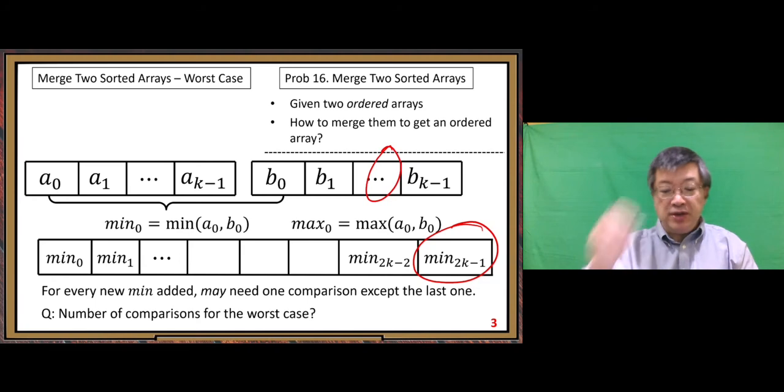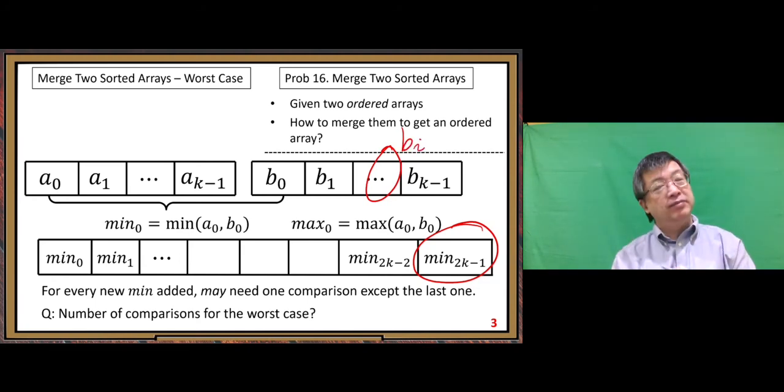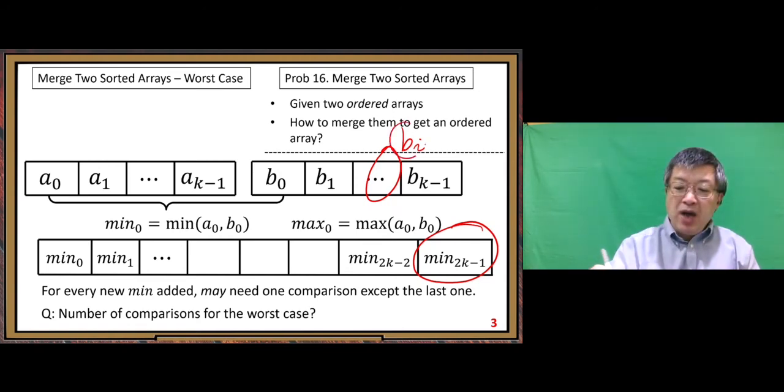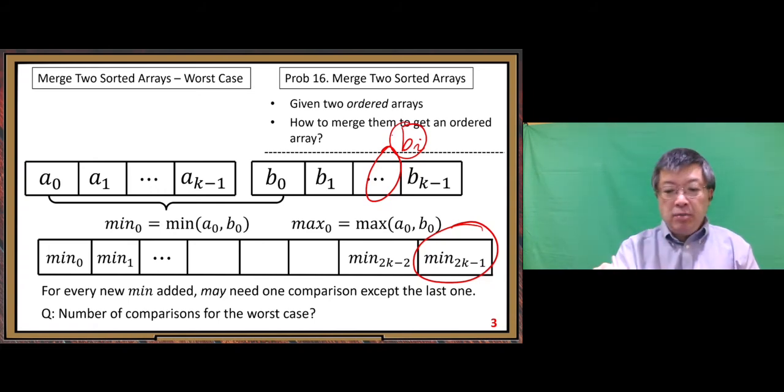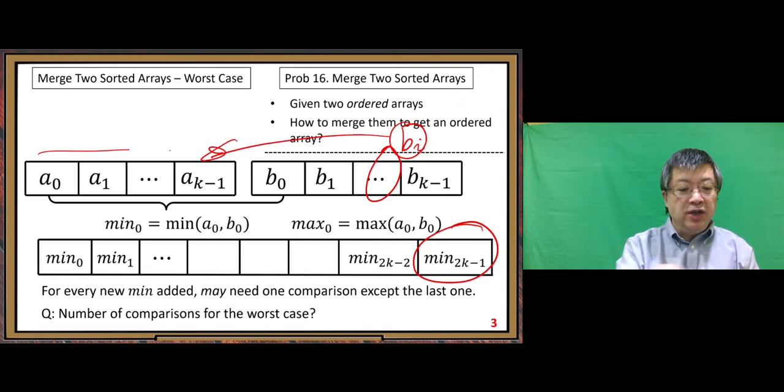There is a B element, let me call it Bi, somewhere in the middle of the B array. When I do comparisons, I find this Bi beats all the elements in the A array.